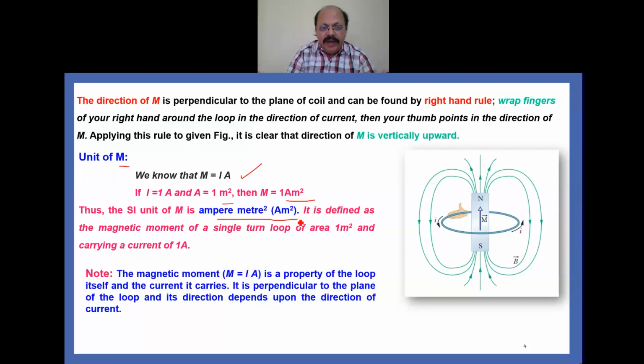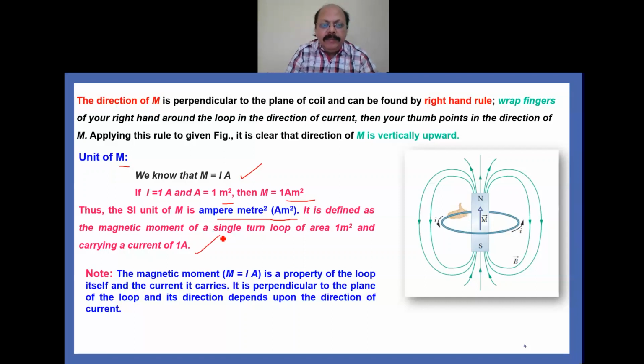And if you want to define 1 ampere meter square, then it is defined as the magnetic dipole moment of a single turn loop of area 1 meter square and carrying a current of 1 ampere. That is known as 1 ampere meter square magnetic dipole moment.